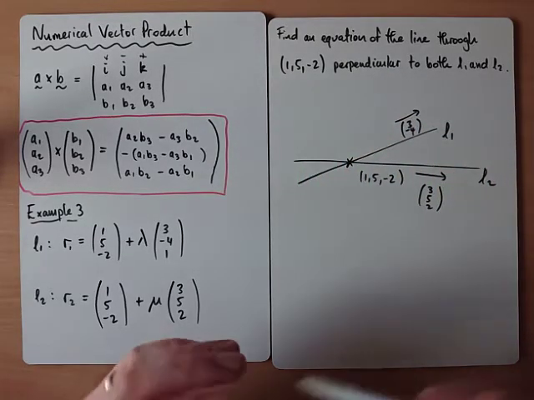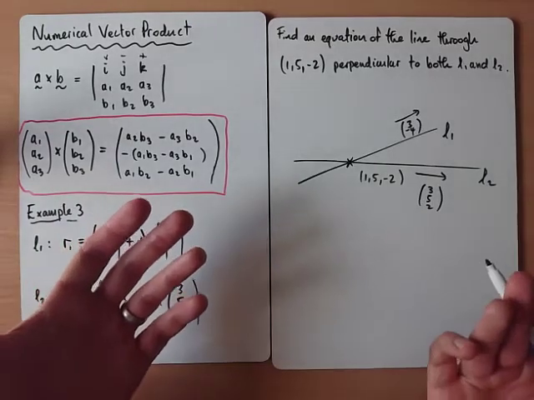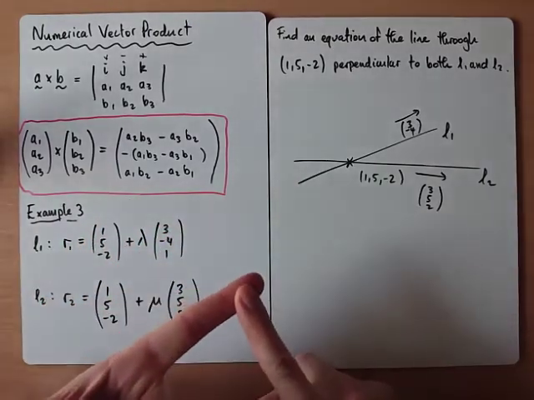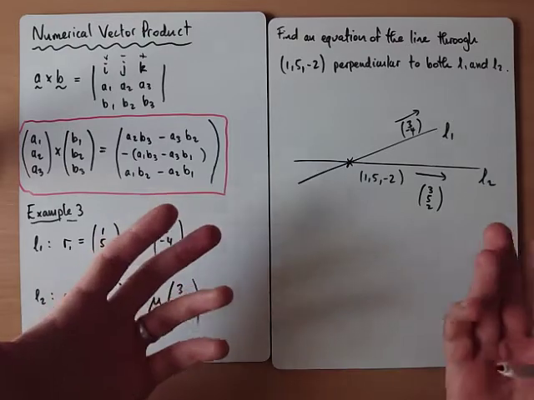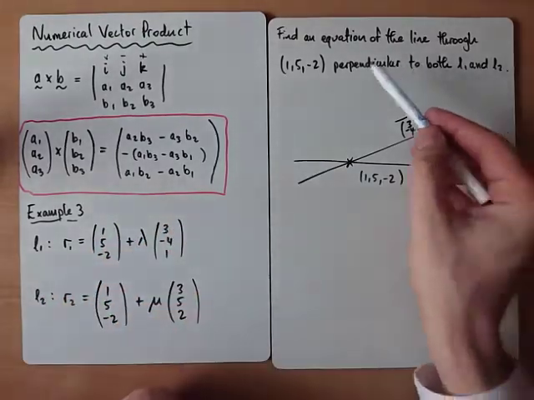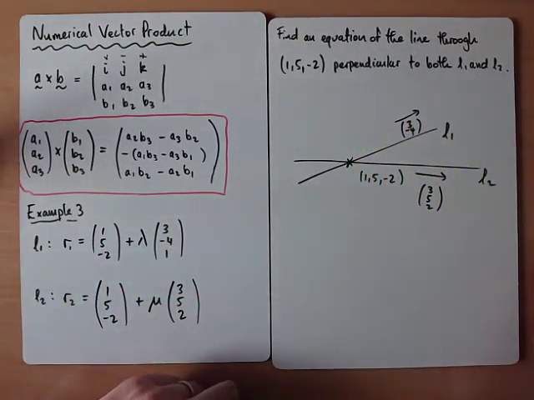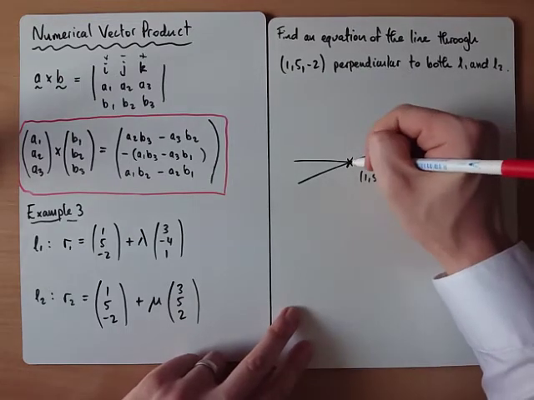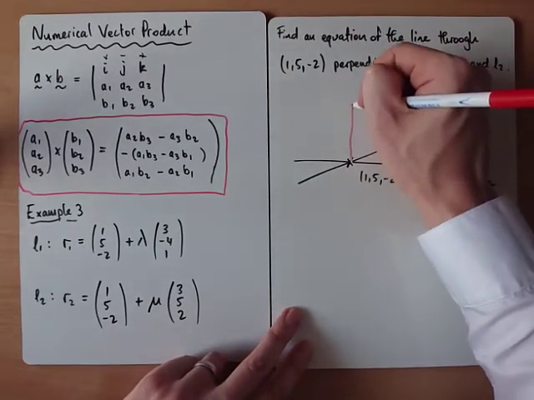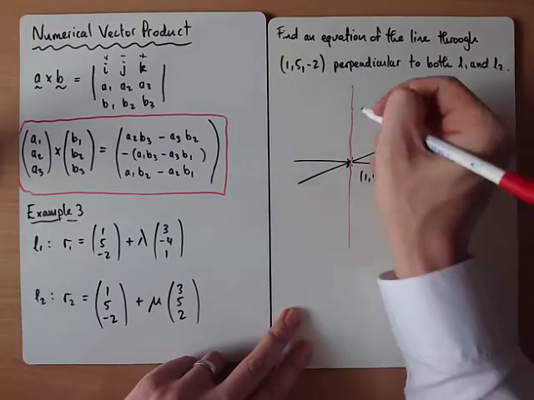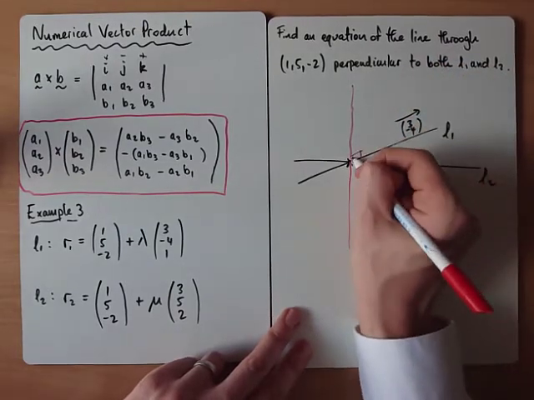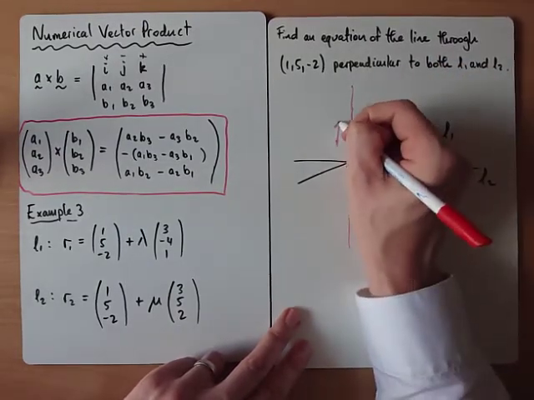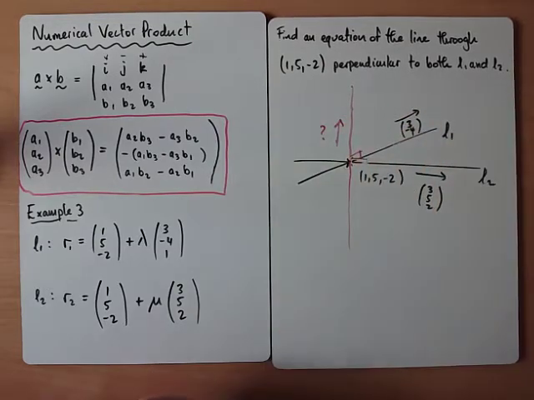Okay, so if I want to set up an equation of a line, there's two things I need to know, isn't there? I need to know a point that it goes through, and I need to know the direction that the line's heading in. So if the new line that we're trying to find is perpendicular to both of these, it's going to be heading in that direction, isn't it, which meets both of those lines at a right angle. So this is the direction of the line that I'm trying to find.